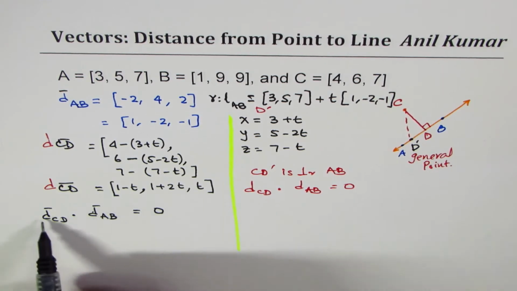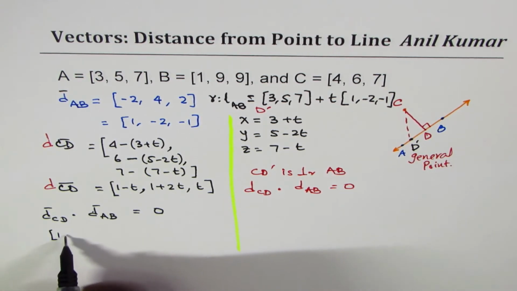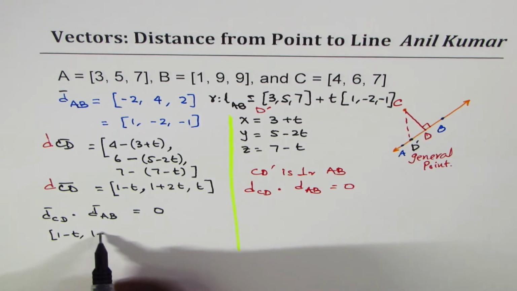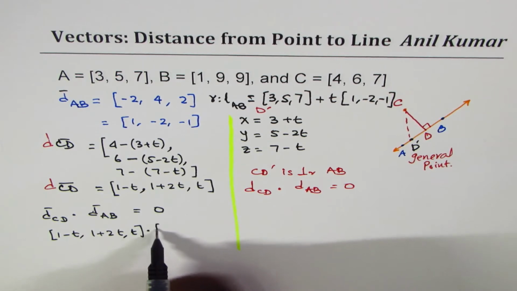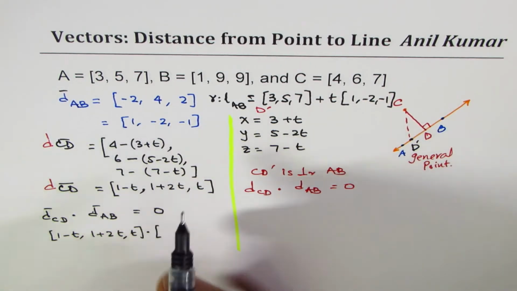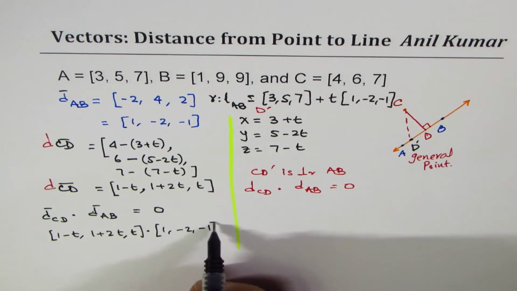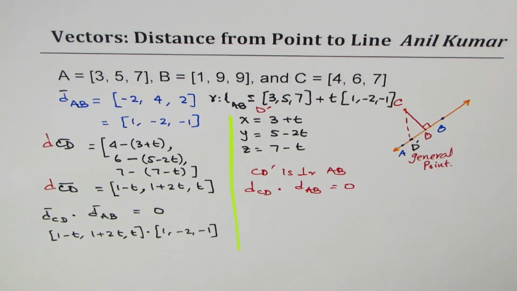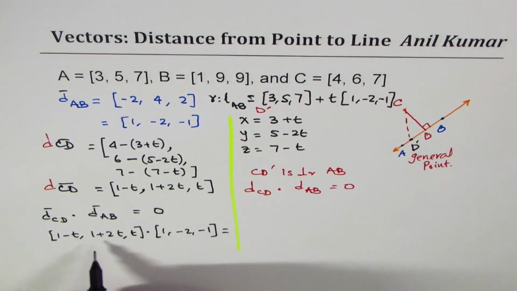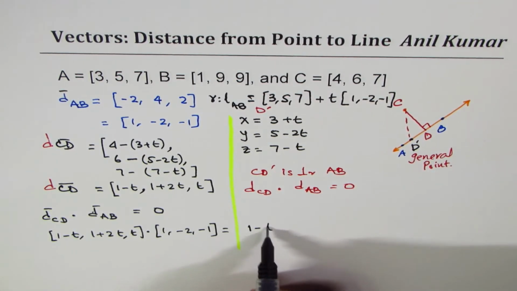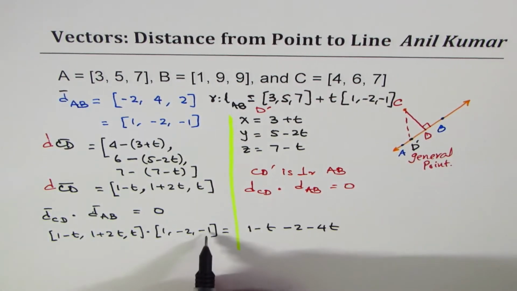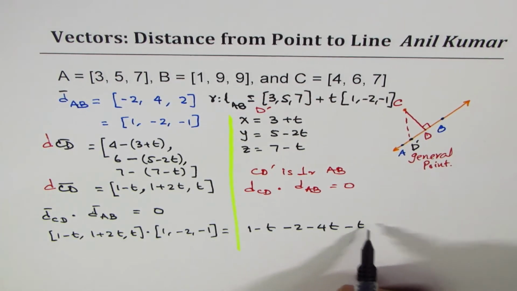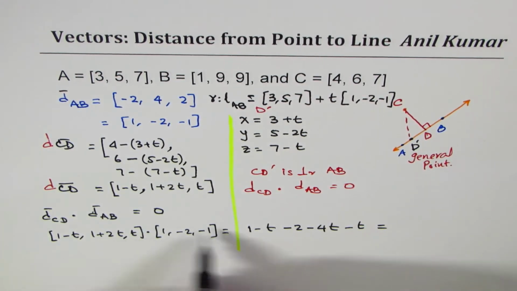CD is 1 minus t, 1 plus 2t, t, dot AB, which is 1, minus 2, minus 1. Let's do the dot product. 1 times gives 1 minus t, minus 2 times gives minus 2 minus 4t, minus 1 times t gives minus t, and all this should be equal to 0.